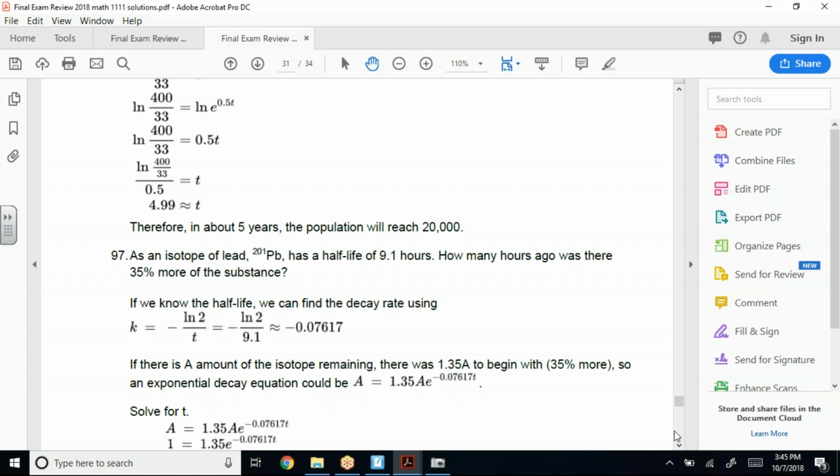I didn't read it that way. I took it as being 35% more of a half.